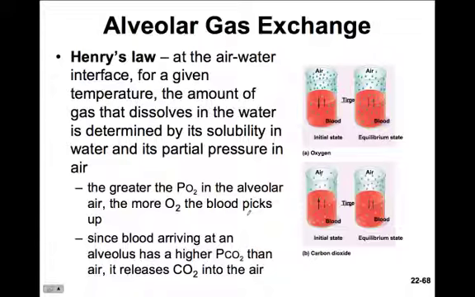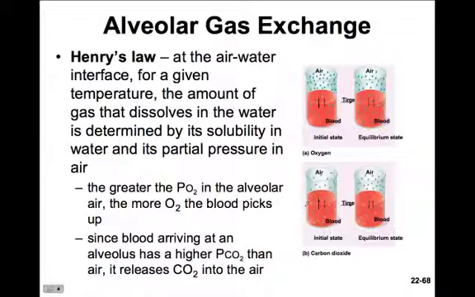So in these figures on the right, we'll look at the top one. The partial pressure of oxygen in the alveolar air is initially higher than the partial pressure of oxygen in the blood. Thus, oxygen diffuses into the blood until the two are in equilibrium.